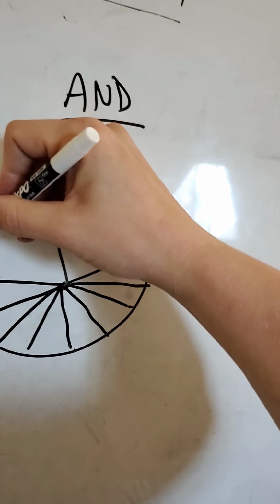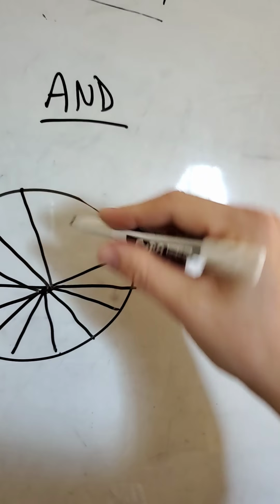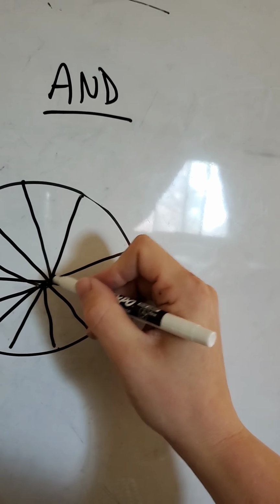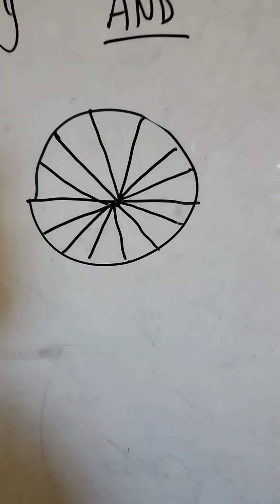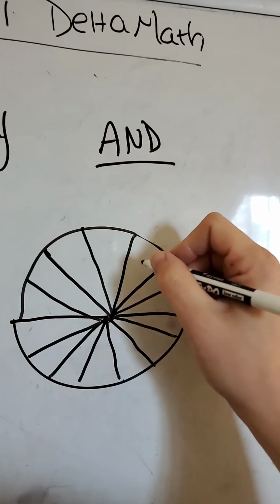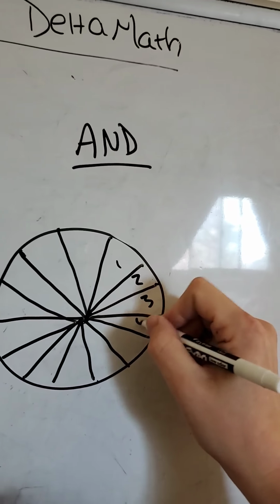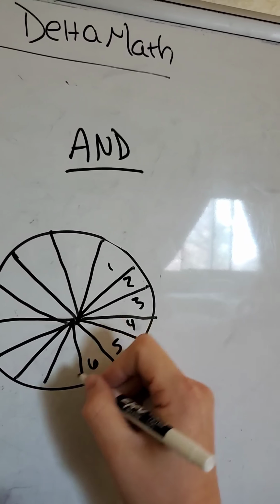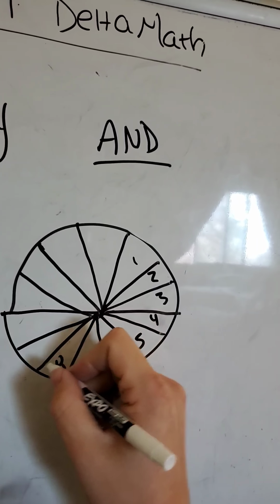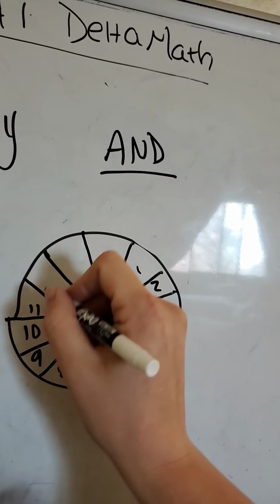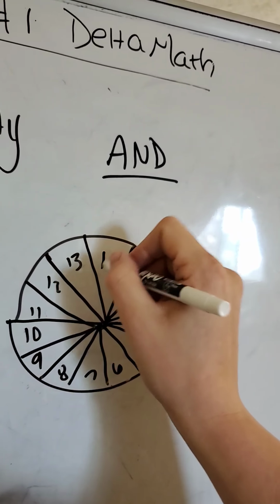Not too bad. Do you remember my fantastic drawing skills? Okay, there's my spinner. It has 14 equal sections, numbered 1 through 14. 6, 7, 8, 9, 10, 11, 12, 13, 14.